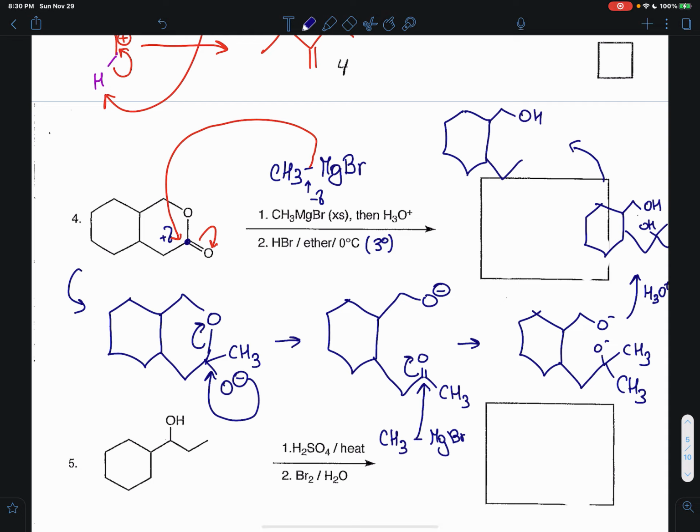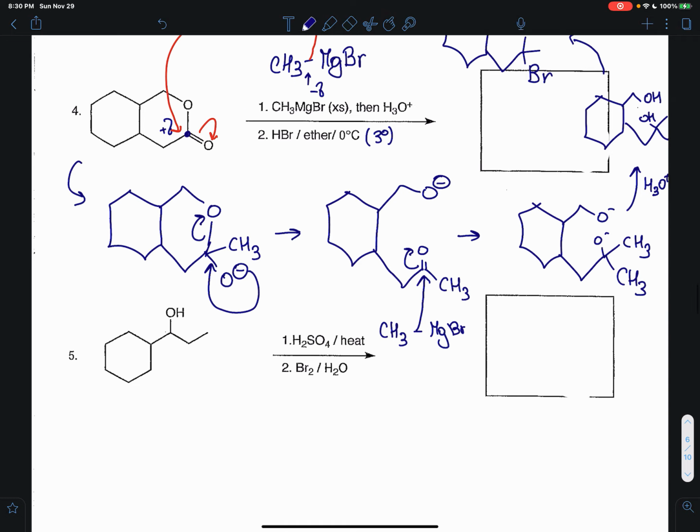And then from the bottom part, there is 1, 2, and then instead of an OH here, you're going to have a Br. Is that the right number of carbons? 1, 2, 3, 4, yeah. So that's pretty much the reaction. This is an important reaction because it combines a Grignard and an ester, which I think is really important.